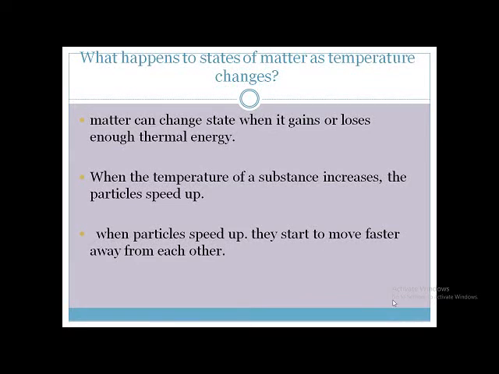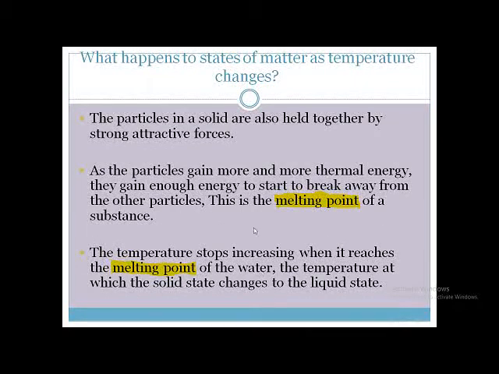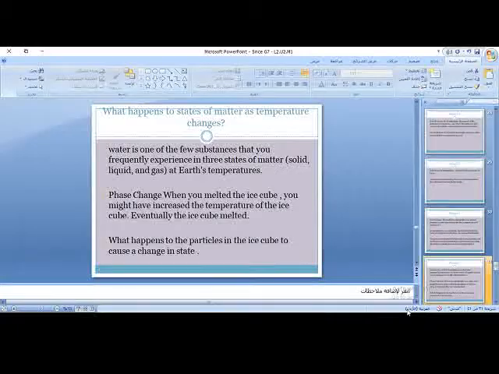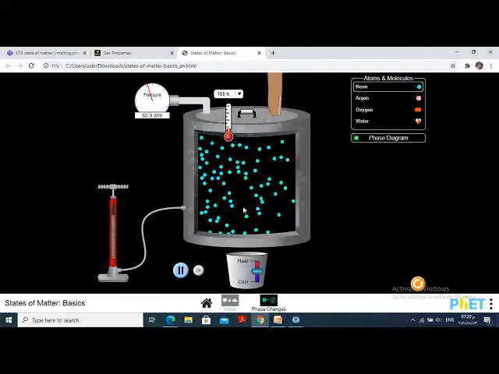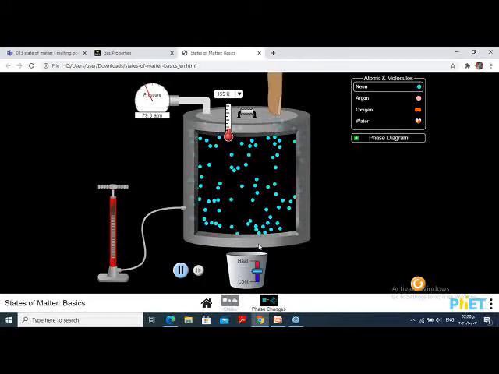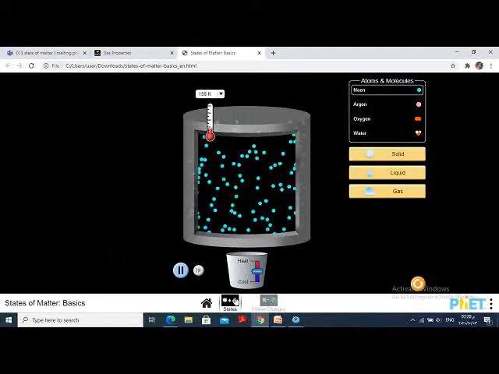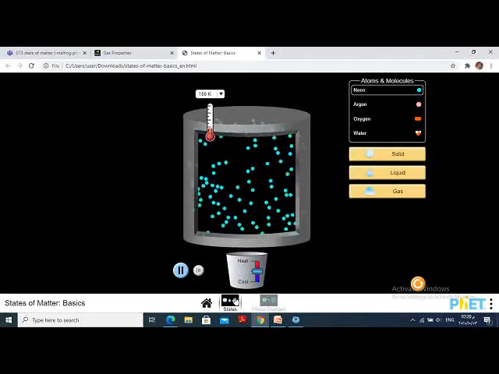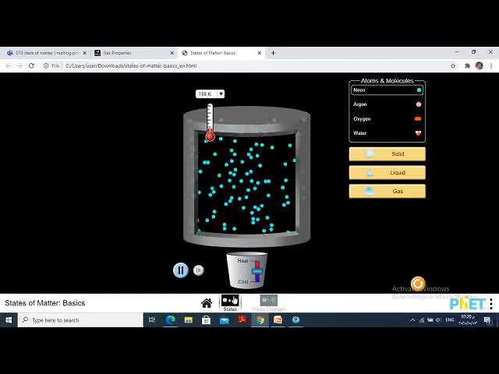So before we go on, I will go through this with you to understand it. We'll study the state of matter. This is a phase change. Let's go to these states.